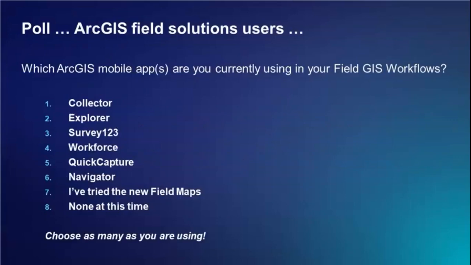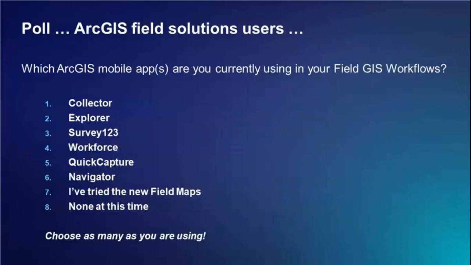Now, what we want to do at this point is take a poll, and we're putting up a multiple choice type of poll here because we really want to know which of the mobile apps you are currently using for your field GIS workflows, and you can pick as many as you want. There is a none at all option at the bottom, and there is a you've tried the new Field Maps option because it has been out in beta since this summer. We want to know because we know field apps are very important to you.